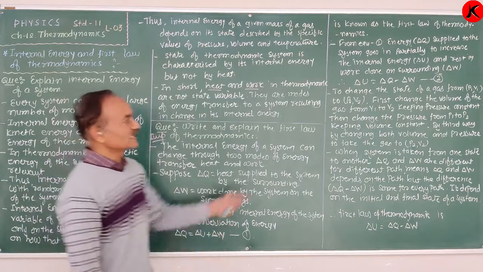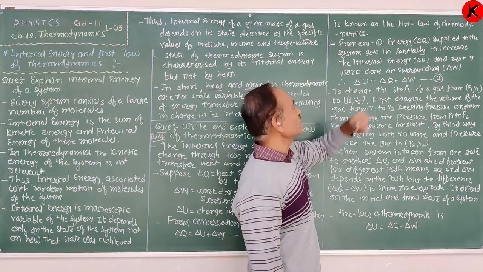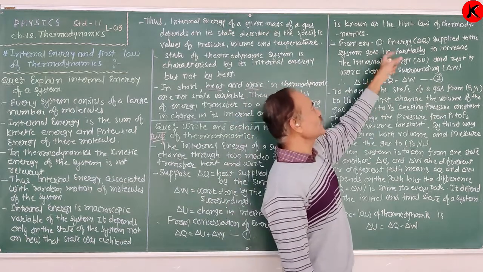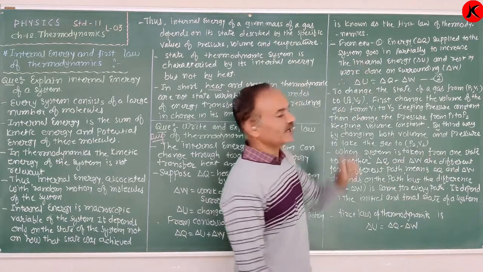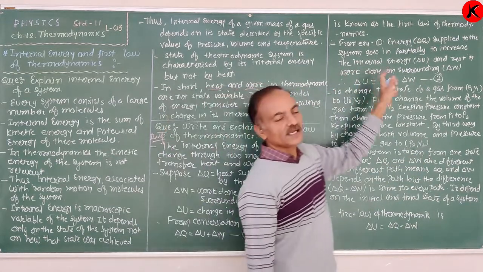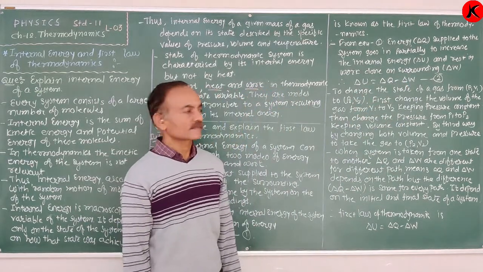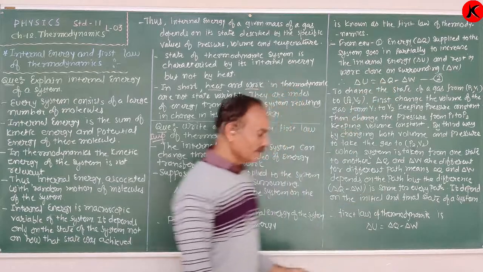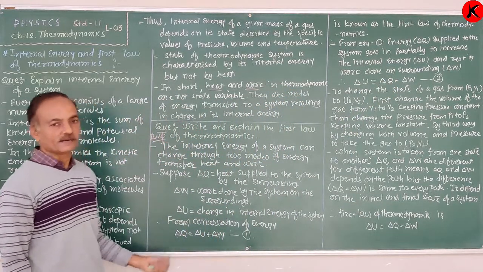Here, delta Q is the heat energy supplied to the system. This delta Q goes in partially to increase the internal energy delta U of the system and the rest in work done on the surrounding, delta W. Therefore, delta U is equal to delta Q minus delta W.